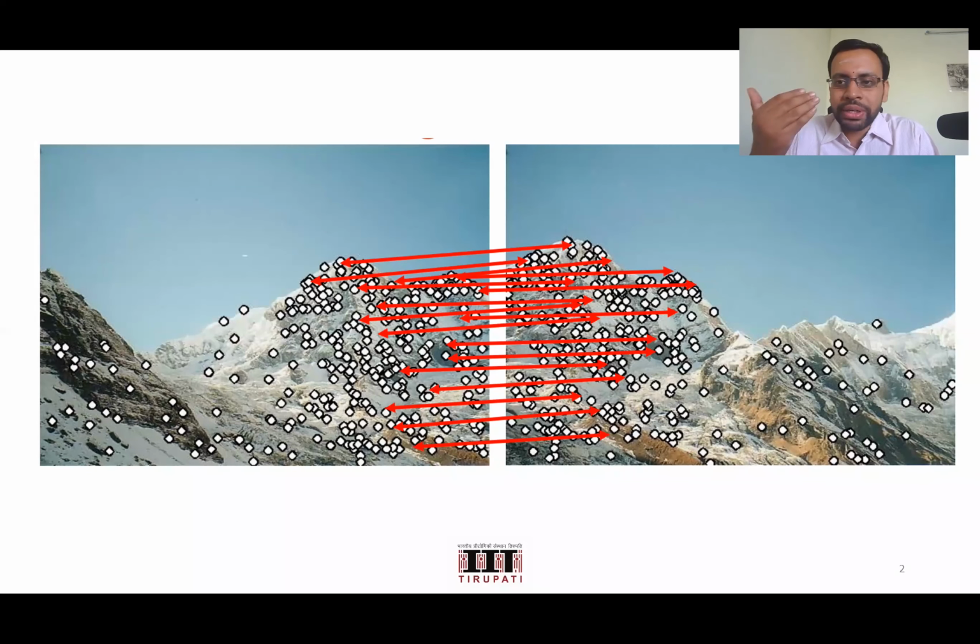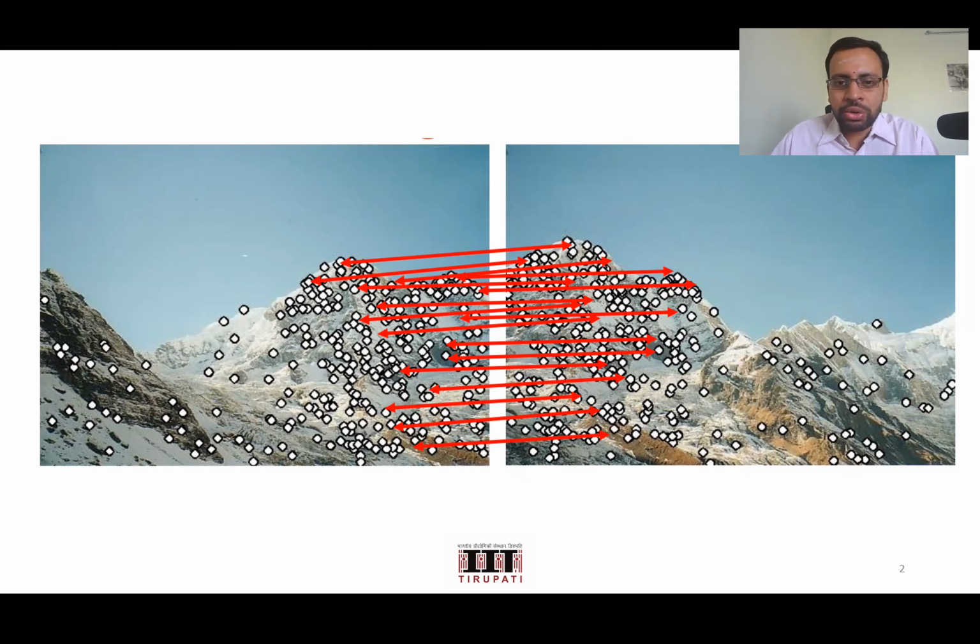You have more points than what are required to compute this transformation. So then there are different subsets of points that you could choose in order to compute this transformation. Then how do you choose the right transformation? Because each one might give you a slightly different, if not very different, transformation, depending on which subset of points you have chosen.